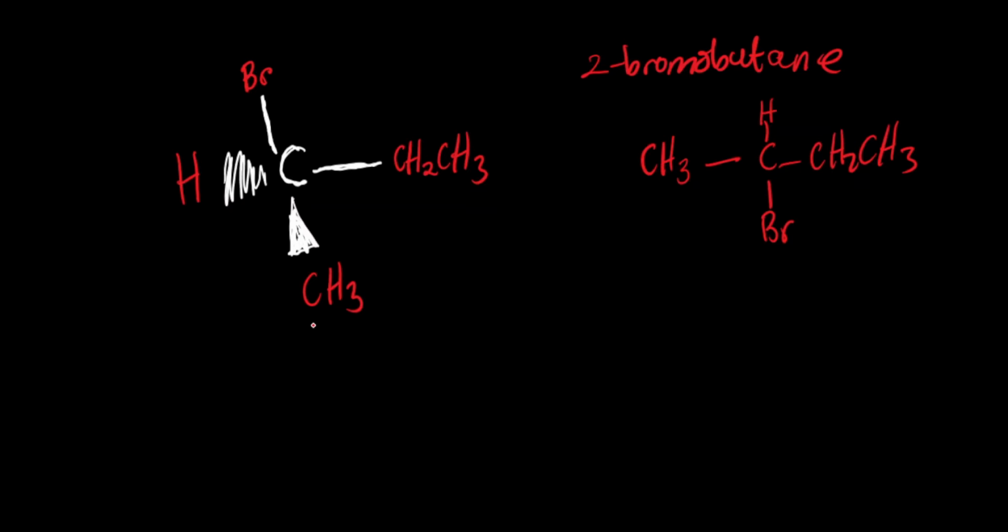Now, how do I get the mirror image of this molecule? Remember when we were studying the difference between asymmetric centers and stereocenters? We said that all asymmetric centers are stereocenters, but not all stereocenters are asymmetric centers.